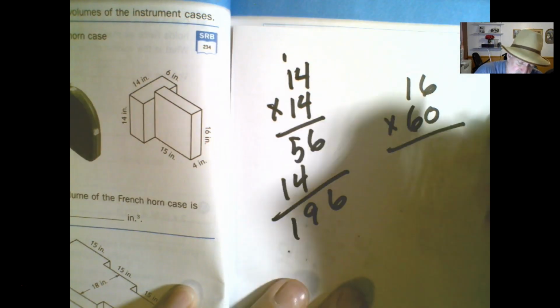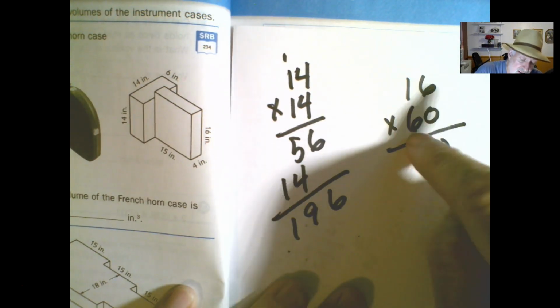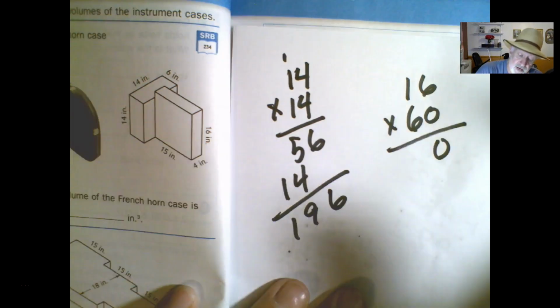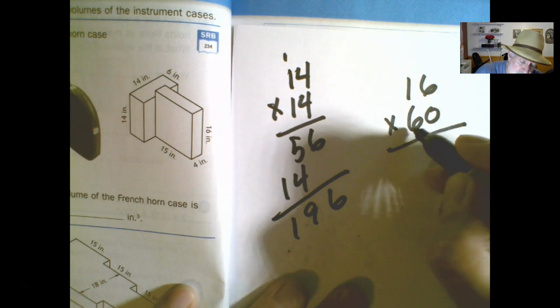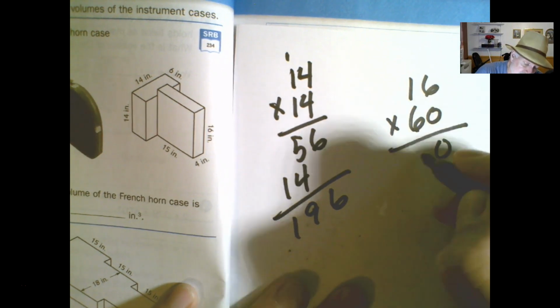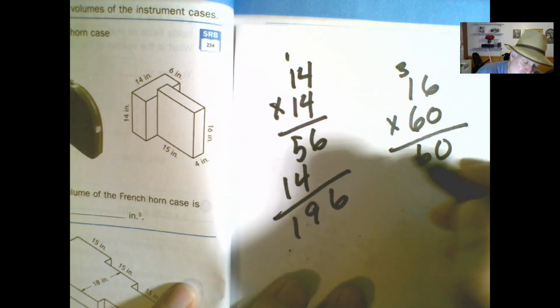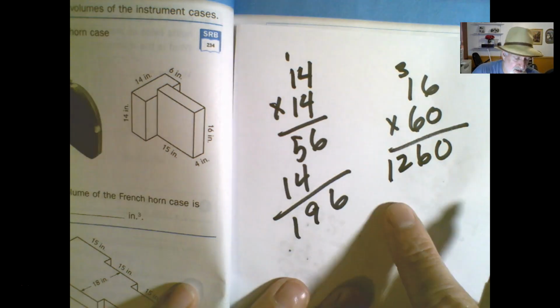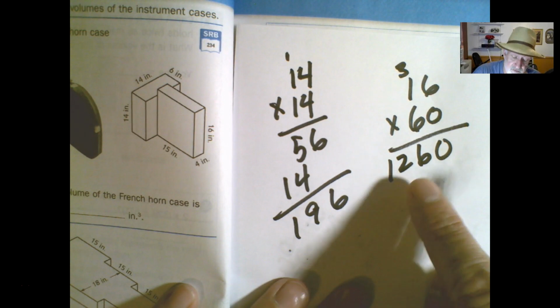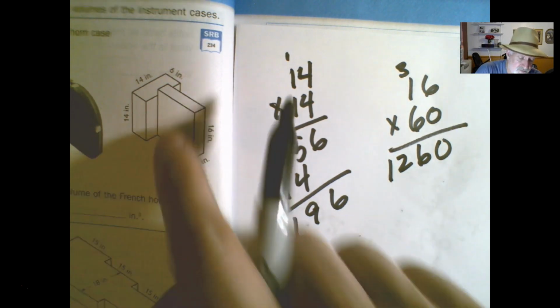So that's just a 0 placeholder there, because 0 times 6 is 0, and 0 times 1 is 0, so I'm moving everything over one place value. And then I have 6 times 6 is 36. 6 times 1 is 6, plus 3 is 9, and I get a volume of 1260 for the second piece.